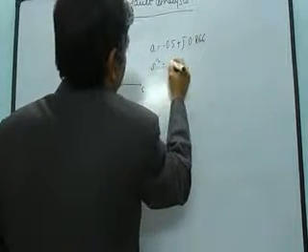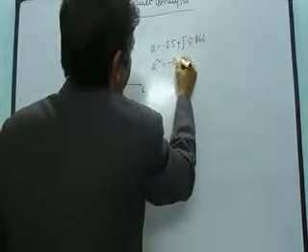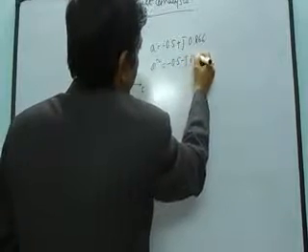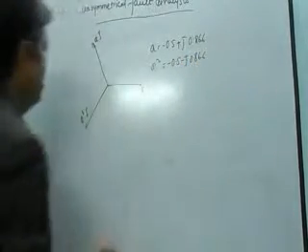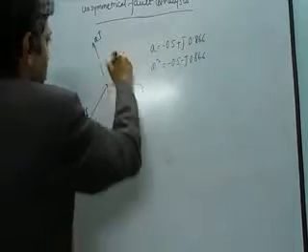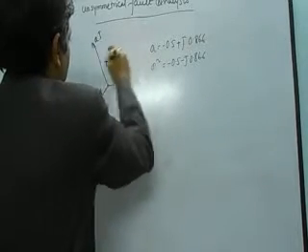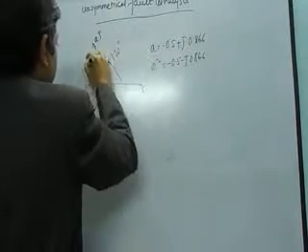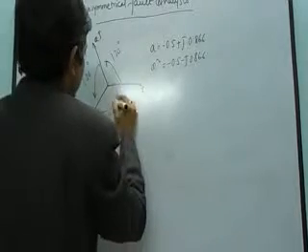A square equal to minus 0.5 minus j 0.866. This is a 120 degree rotation. Next is the next 120 degree rotation.